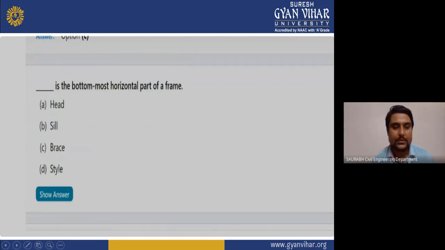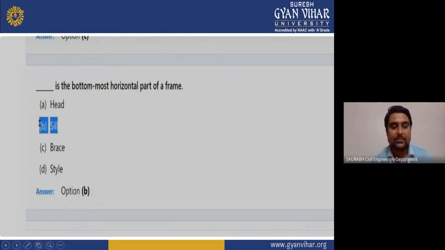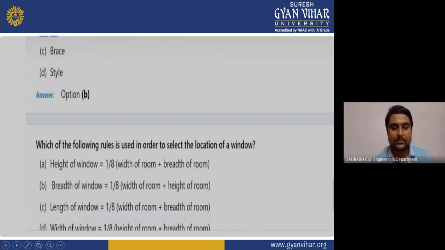Come on the next question. The bottom most horizontal part of a frame is? Options are head, sill, brace, style. Here the right answer will be sill. That will be your right answer. It is the bottom most horizontal part of the frame.